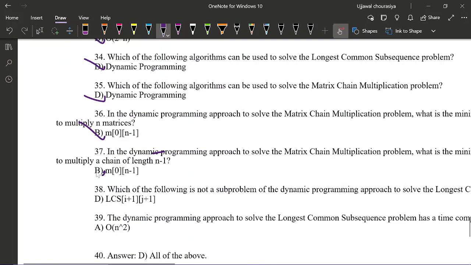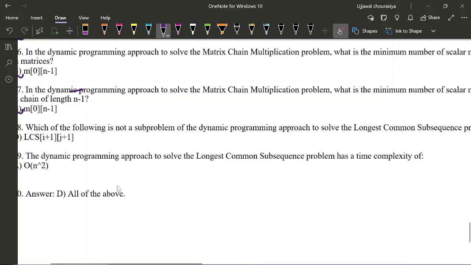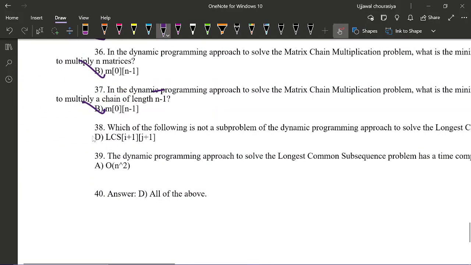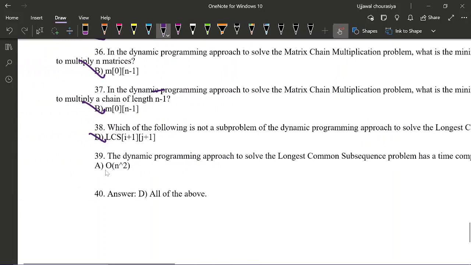So its answer is 0 to n minus 1. Which of the following is not a subproblem of the dynamic programming approach to solve longest common subsequence? Answer is LCS i plus 1 and j plus 1. The dynamic programming approach to solve the longest common subsequence problem has a time complexity of order of n to the power 2, and the answer of the 14th is D, all of the above.